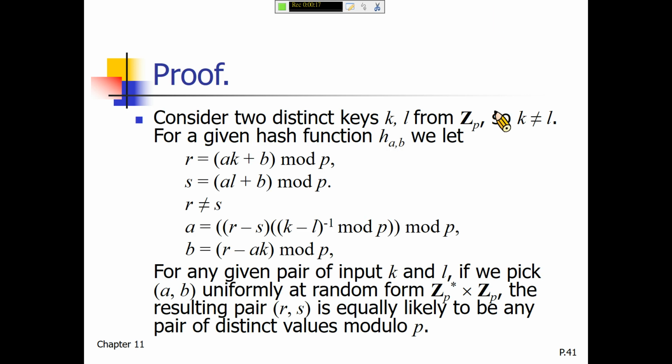So consider two distinct keys k, l from Z_p, so k is not equal to l. For a given hash function h_ab, we let r equals (ak plus b) mod p and s equals (al plus b) mod p. And we note that r is not equal to s.